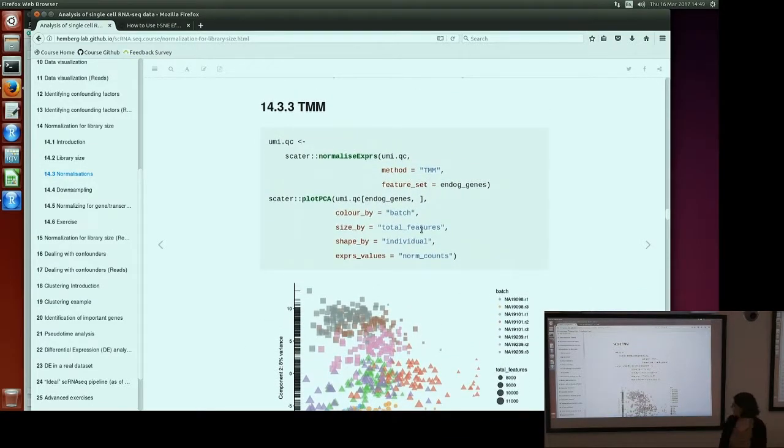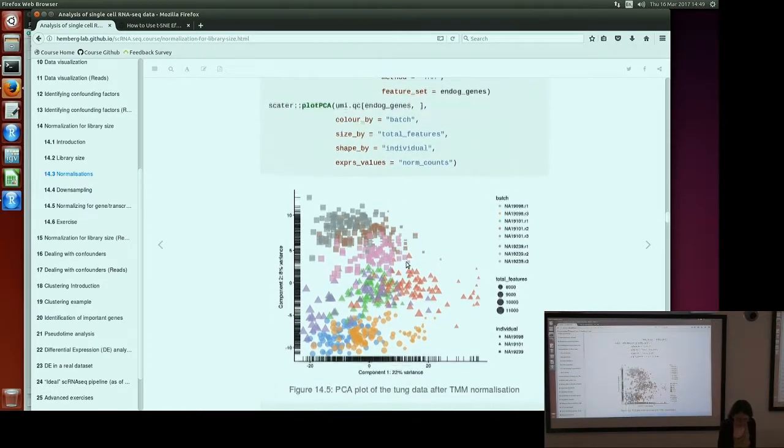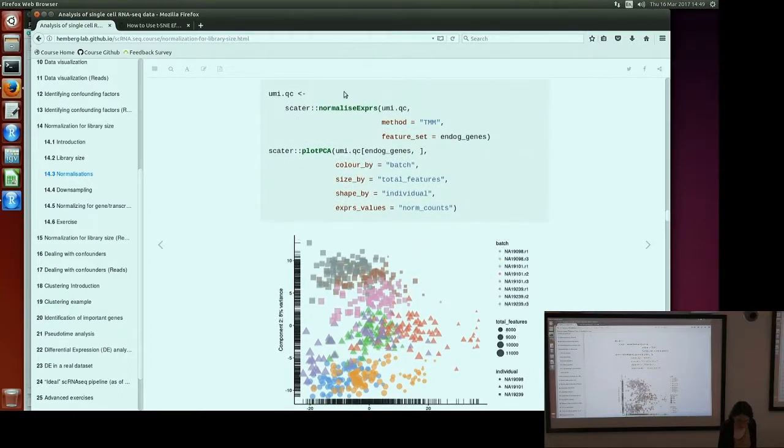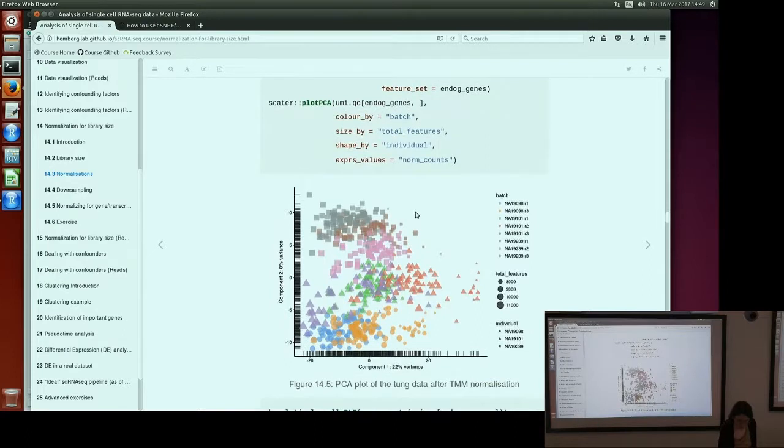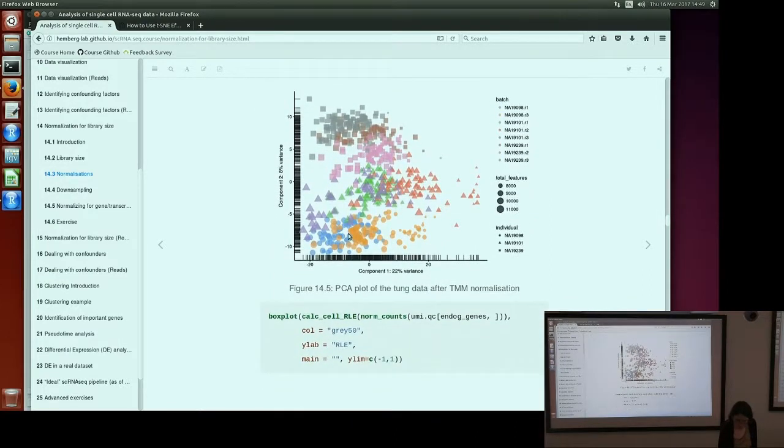And if we use TMM, here we can change the method to TMM to calculate our expression values. And then we save this in a slot called norm counts and plot the PCA. You can see it's not as good as the counts per million were.